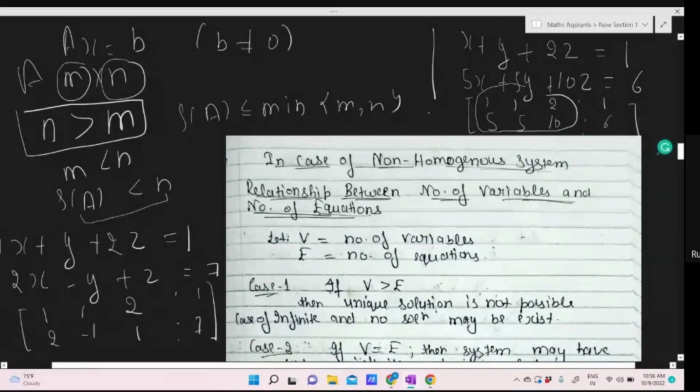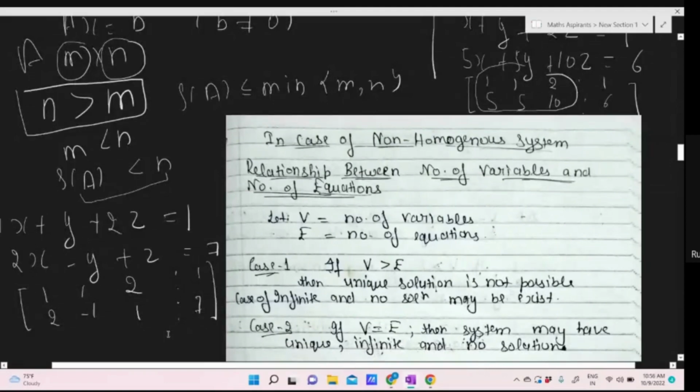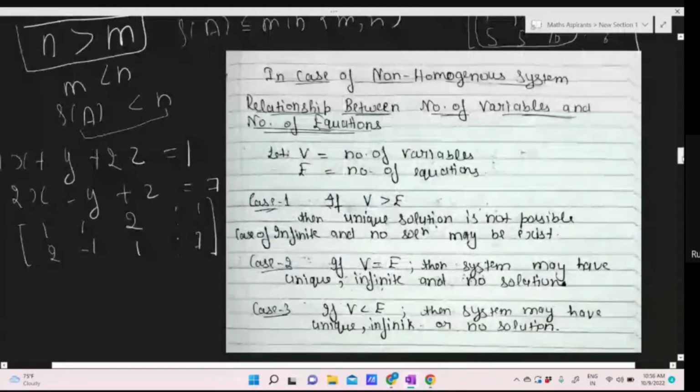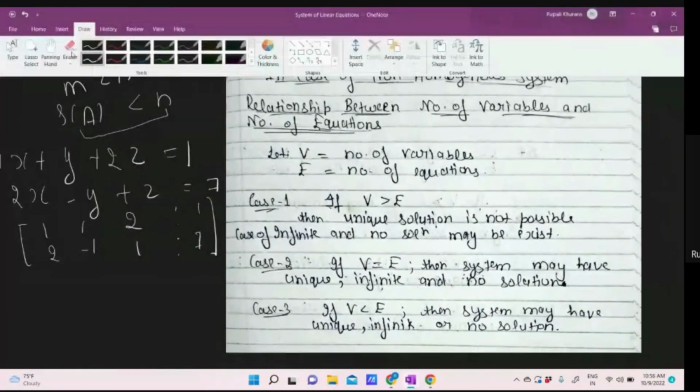Now the next case is if the number of variables is equal to the number of equations, then the system may have a unique, infinite, or no solution.